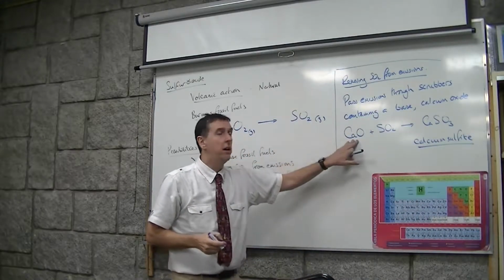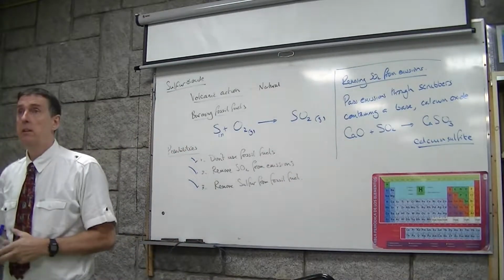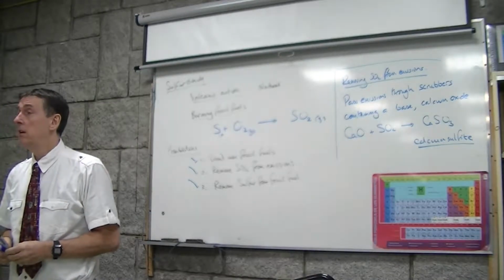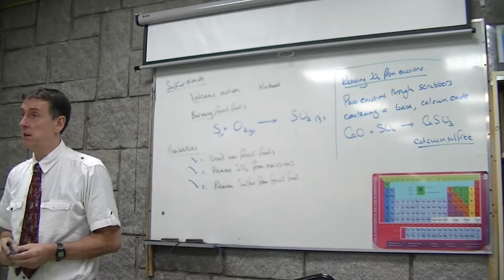Now, calcium oxide, where do we get calcium oxide from? Limestone. When you heat limestone, it gives off carbon dioxide and you end up with calcium oxide.